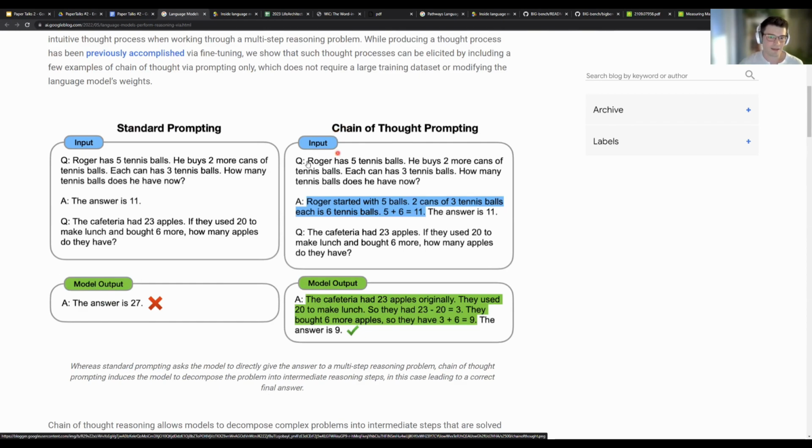So on the question, Roger has 5 tennis balls, he buys 2 more cans of tennis balls, it's not only answering that the answer is 11, but it was also forced to produce intermediate steps, like Roger started with 5 balls, 2 cans of 3 tennis balls each is 6 tennis balls, 5 plus 6 is 11, so the answer is 11.